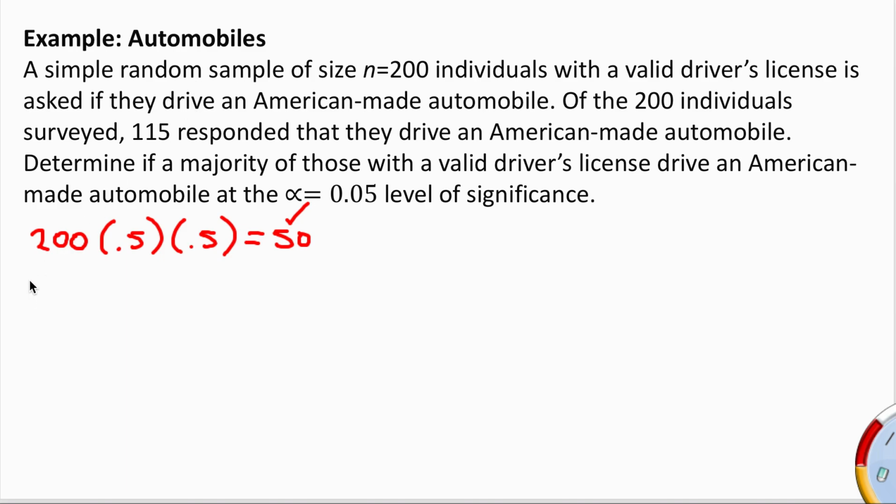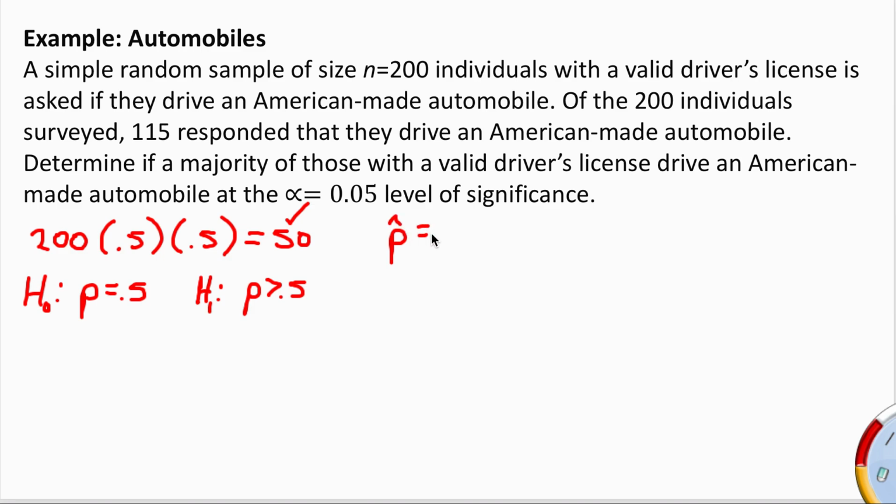That means our null hypothesis is that the proportion is equal to half of the population, and the alternative is more than half, a majority.